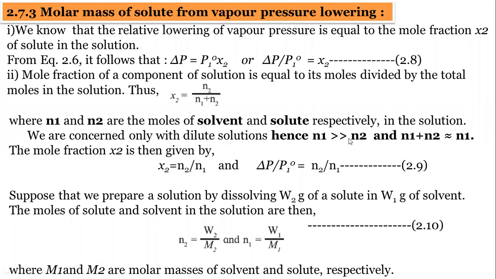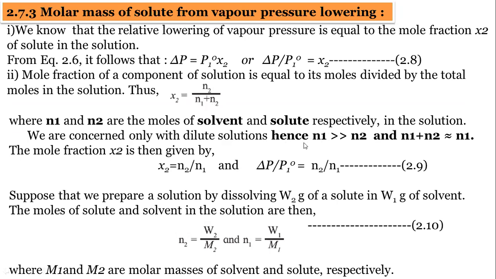So N1 plus N2 is equal to N1, because N1 is the number of moles of solvent, and for a dilute solution, the number of moles of solvent is very, very large. So N1 is very much greater than N2, and N1 plus N2 is equal to N1.